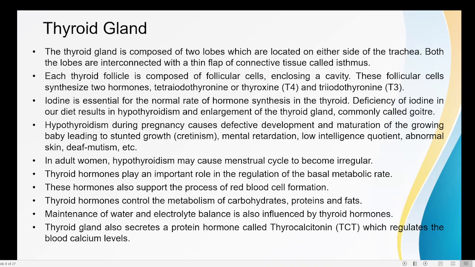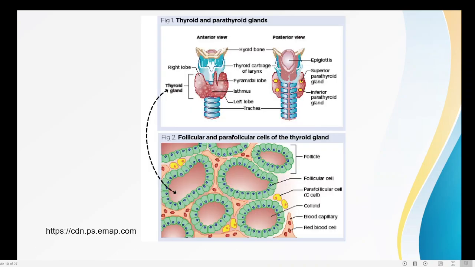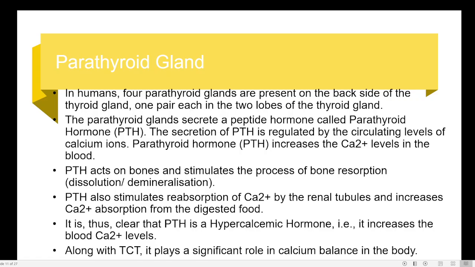So that is the third hormone. Here you can find tetraiodothyronine or thyroxine, then triiodothyronine, and the third hormone is thyrocalcitonin. The function of thyrocalcitonin is to control the blood level of calcium. So that is an idea of how thyroid glands control the various functions in your body.